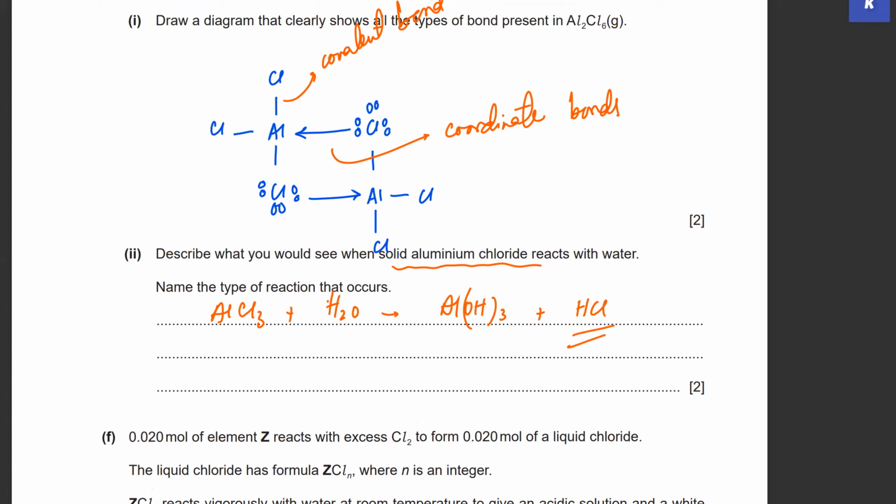You won't be able to see the acidic solution, so that's probably not. We'll check the marking scheme. It's going to be a solid precipitate that's formed. So solid precipitate, what you would see. Remember, the question is about seeing, not about writing what the reaction is. So you wouldn't get marks for writing the equation.